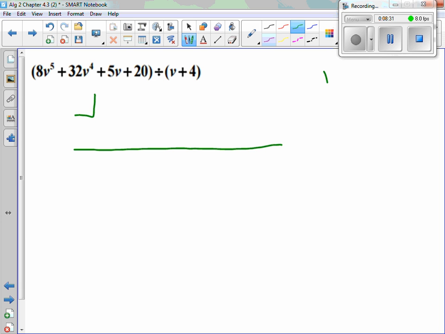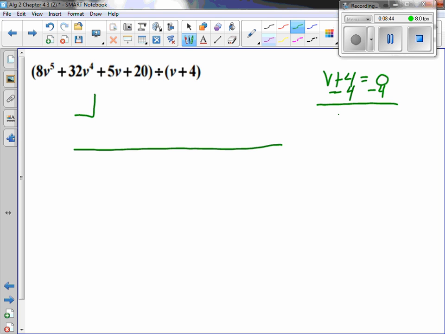So we would do what? V plus 4 equals 0. To solve this for V, we would subtract 4 from both sides, giving us that V is equal to what? Negative 4. So negative 4 goes inside the cubby.